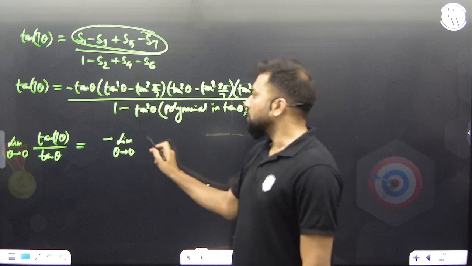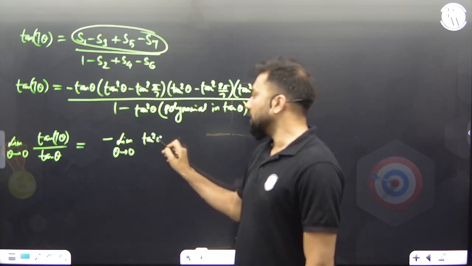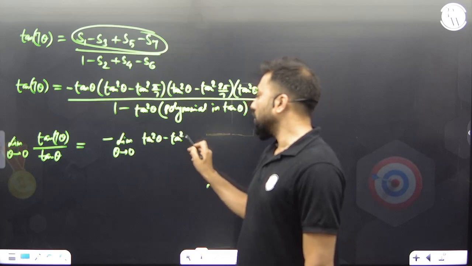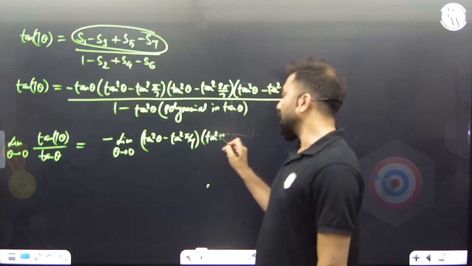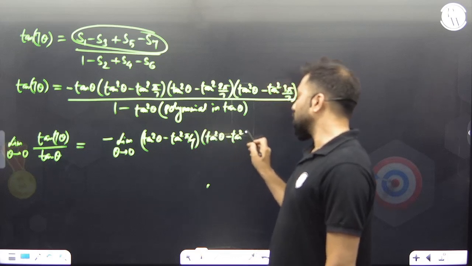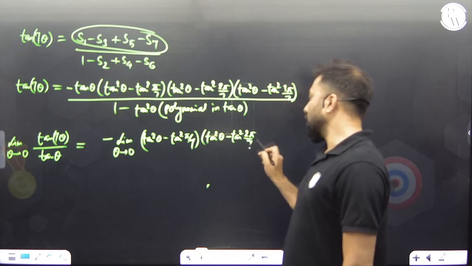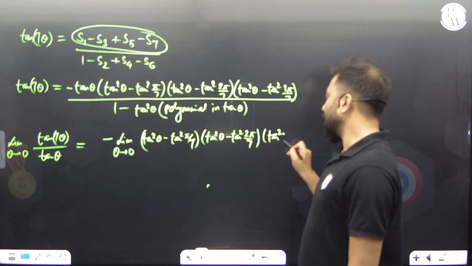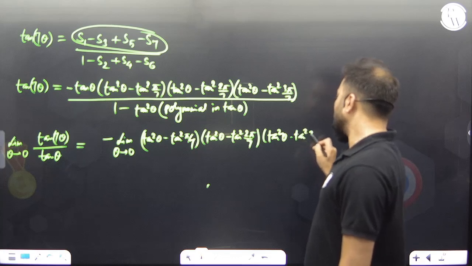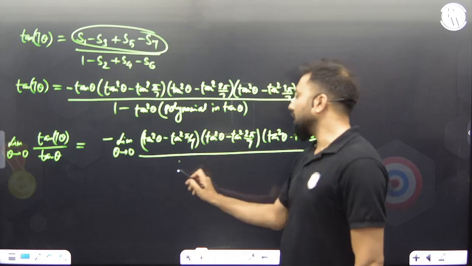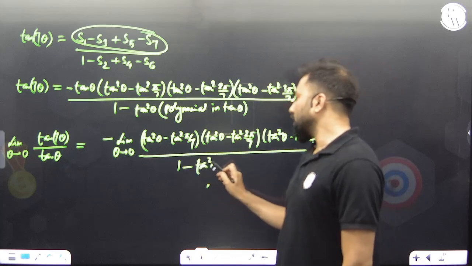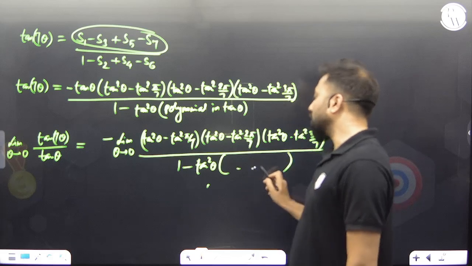Limit theta tends to 0 tan square theta minus tan square pi by 7 into tan square theta minus tan square 2 pi by 7 into tan square theta minus tan square 3 pi by 7 upon 1 minus tan square theta into a polynomial in terms of tan theta.